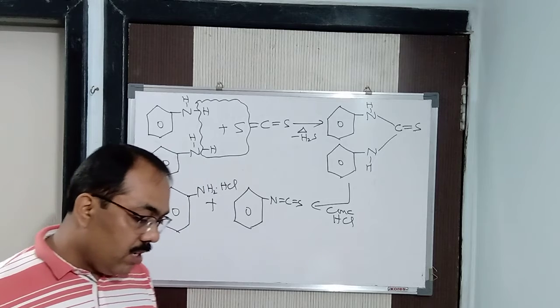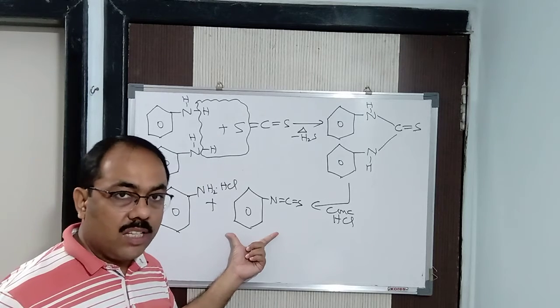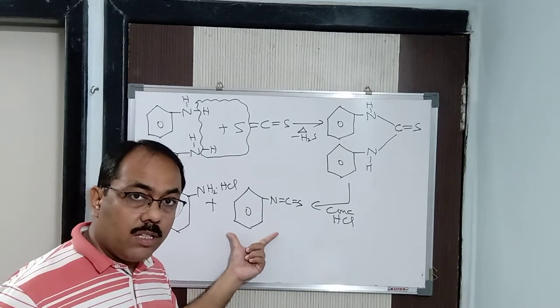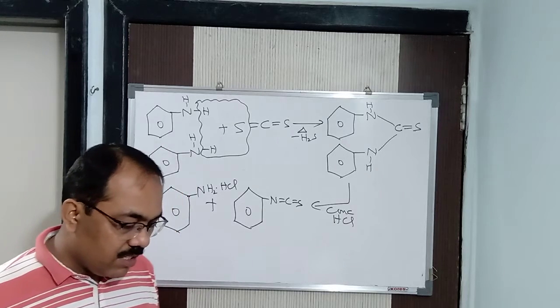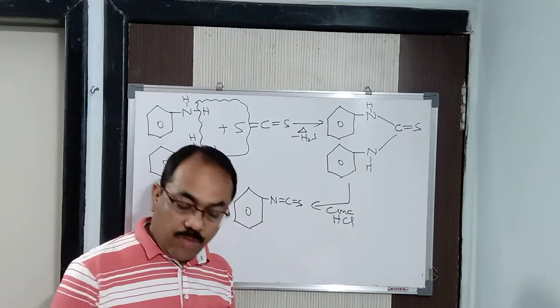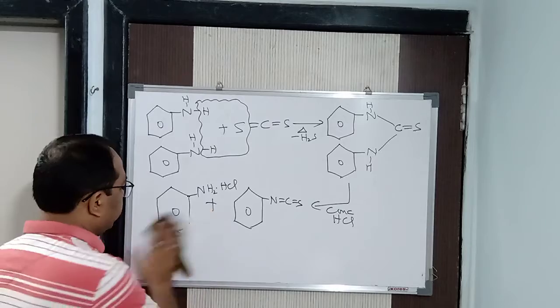And this particular product is known as phenyl isothiocyanate. That was alkyl isothiocyanate; here the phenyl group is present. Clear? So in this way you get the reactions with aniline.